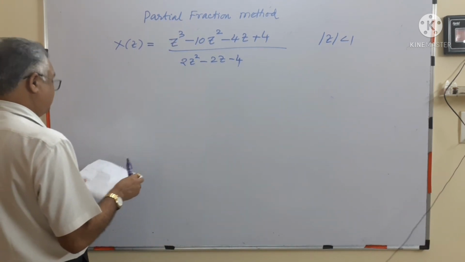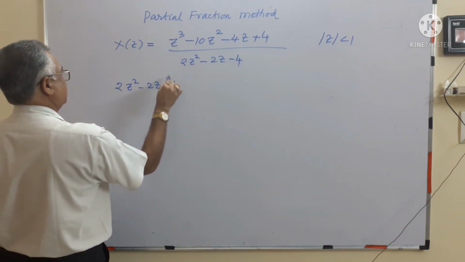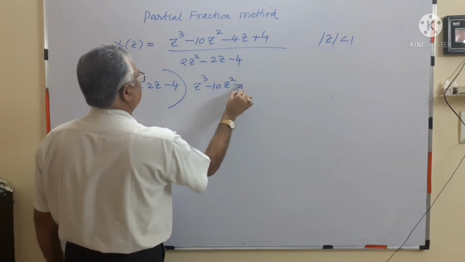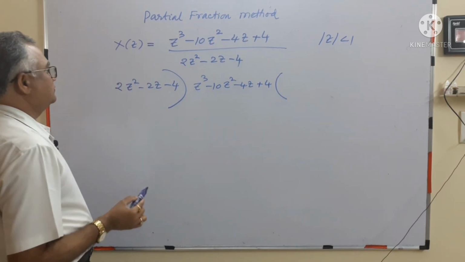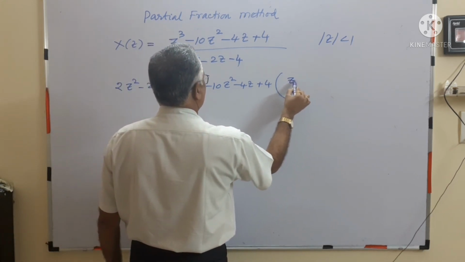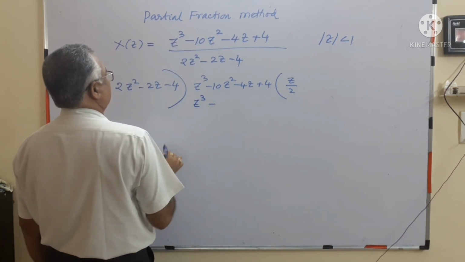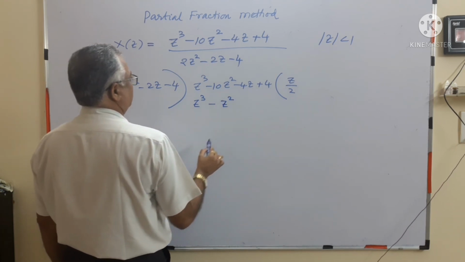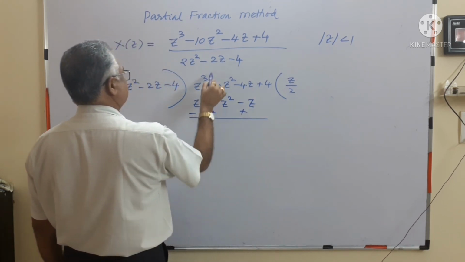So first we have to divide. Divide z power 3 minus 10z square plus 4 by 2z square minus 2z minus 4. Here we want z power 3, so it is z by 2. Z power 3, 2 cancel, minus z square, then minus z, plus minus cancel.